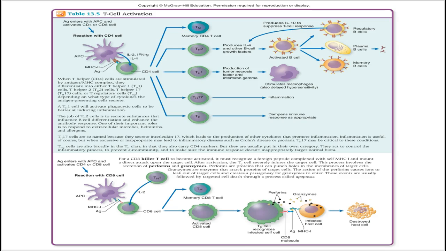So MHC1 is going to activate our CD8 cells, and they will differentiate into our cytotoxic T cells, and then our MHC2 cell is going to present antigen to our CD4 cell, and those are going to differentiate into our helper cells and our regulatory cells.